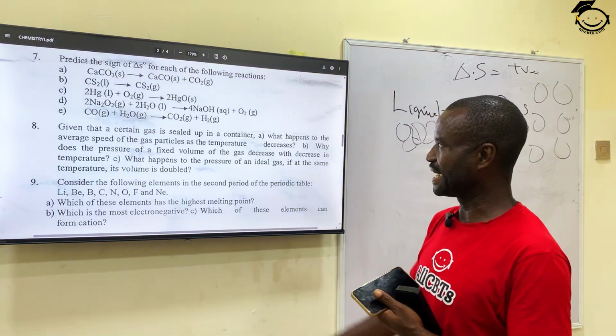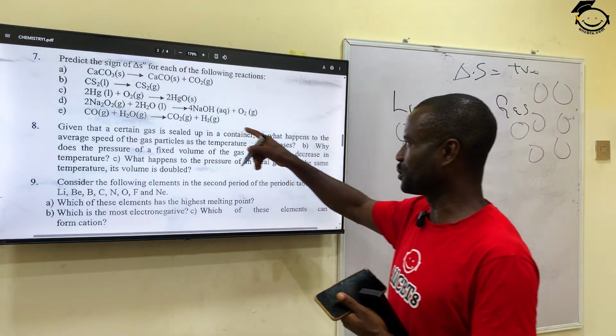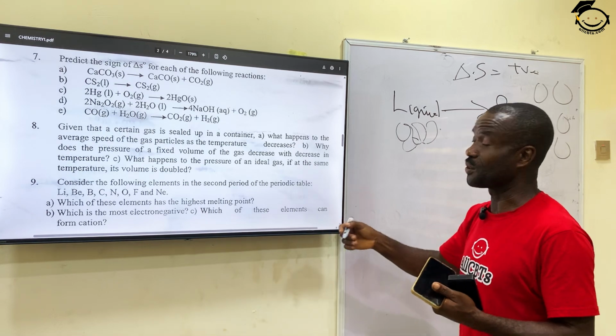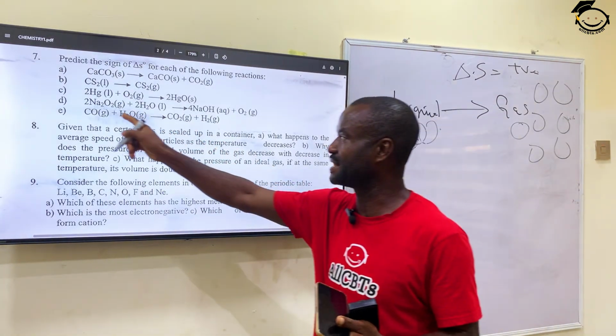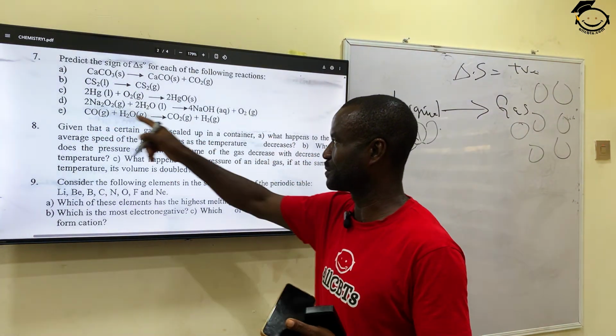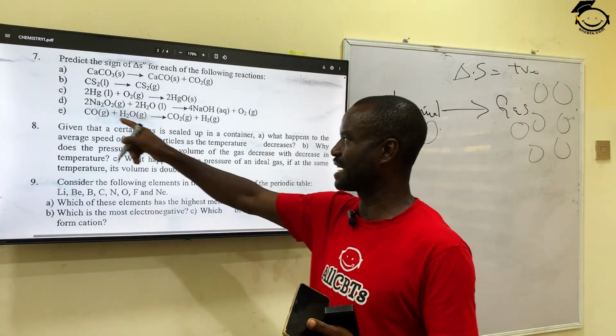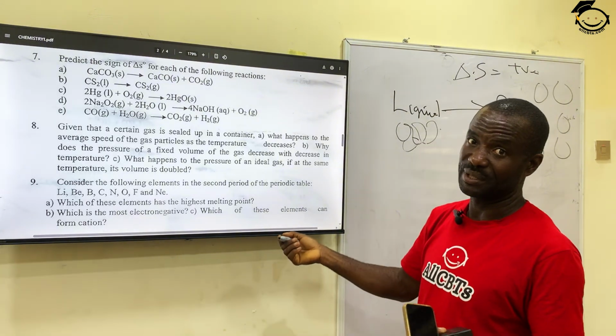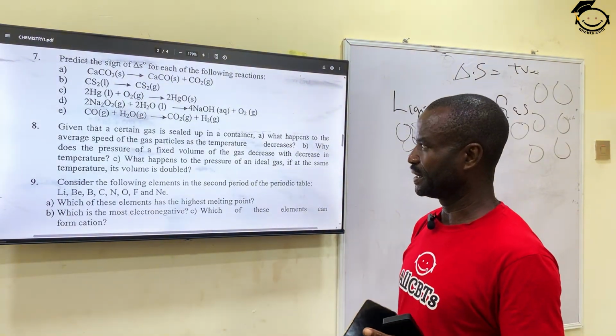They are all in gaseous state. So the entropy change is constant, since there is no net change in the movement of molecules. Since they are all in gaseous state, the entropy change is 0. There's no change at all in this case.